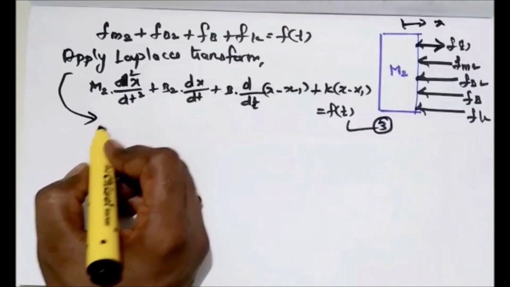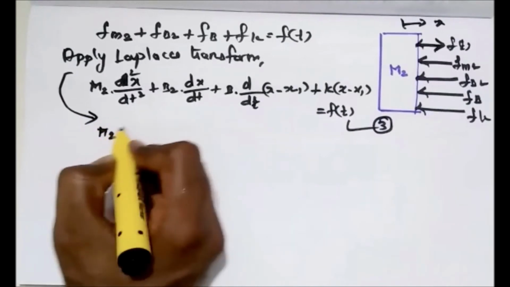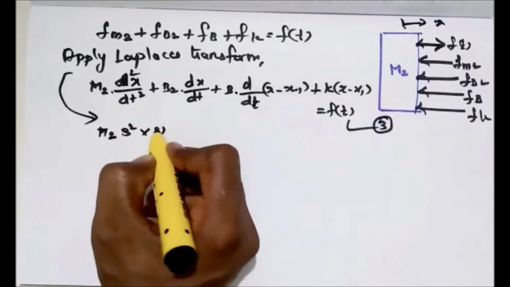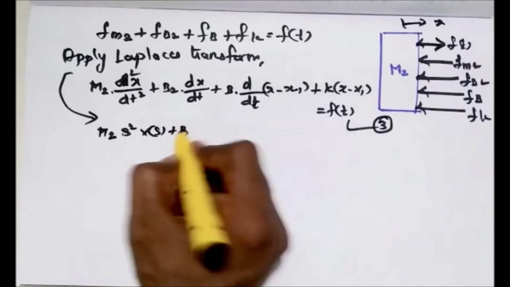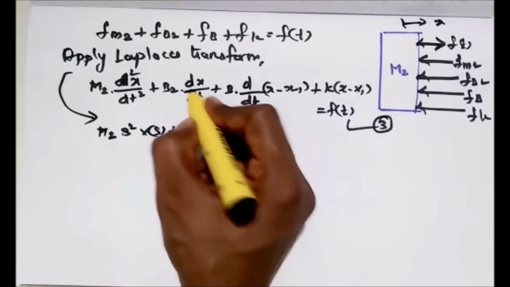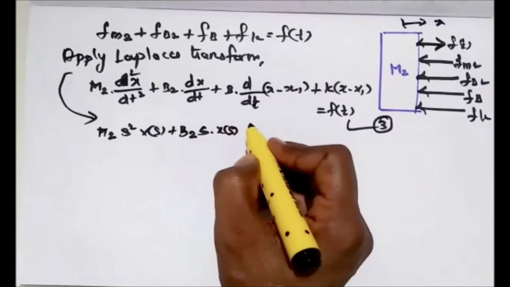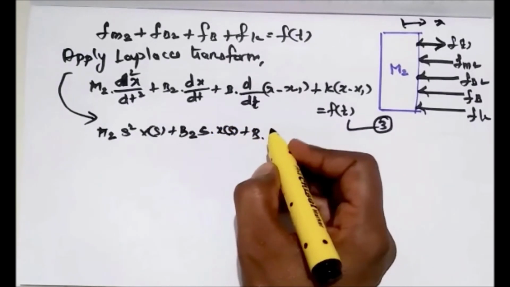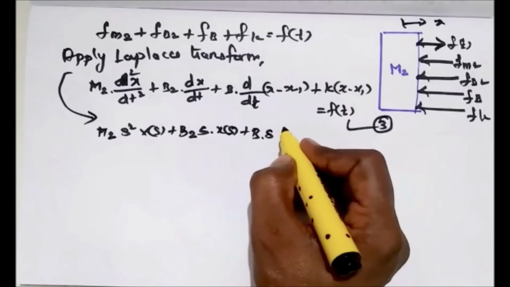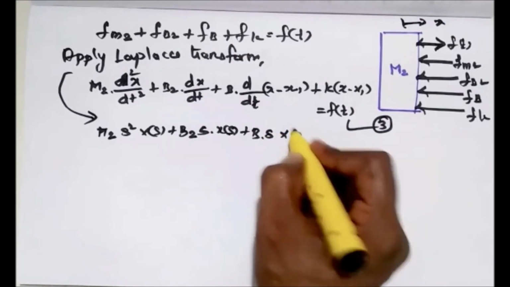So now we know for derivative, m2 into s square x of s, plus b2 into s into x of s, plus b into s into x of s.